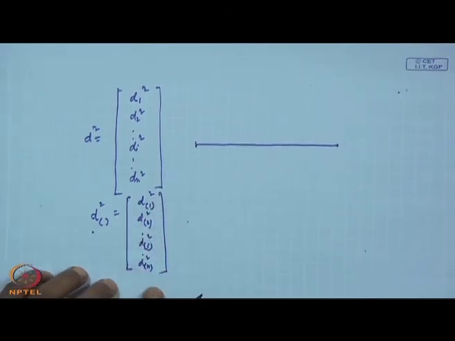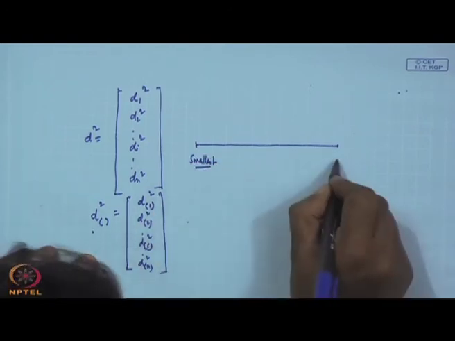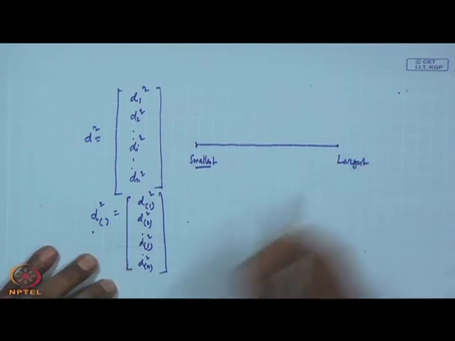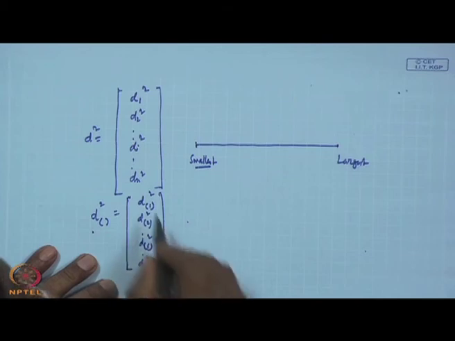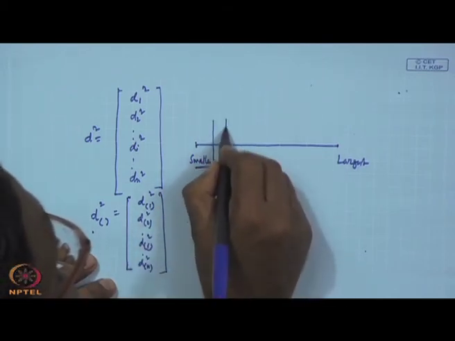This is my ordered data. So, you will be having the smallest to largest data set. Fine. Now, how many data points you have? n data points. You create n quantiles here.